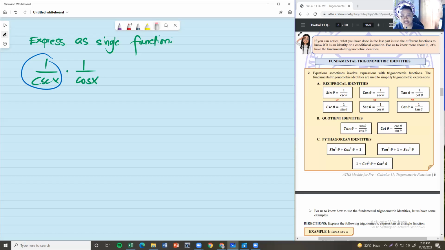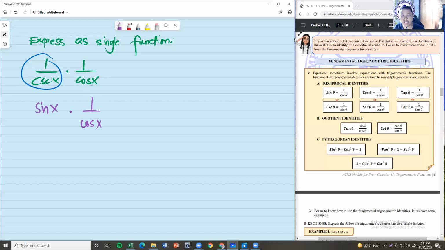Okay, so let's change this. Look at our reciprocal identities. 1 over cosecant x is just the same with sine x. Ayan. Times 1 over cosine x. There you go.